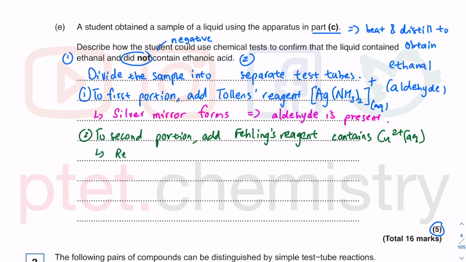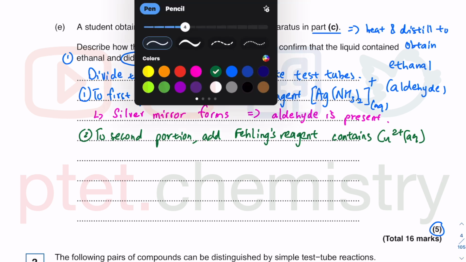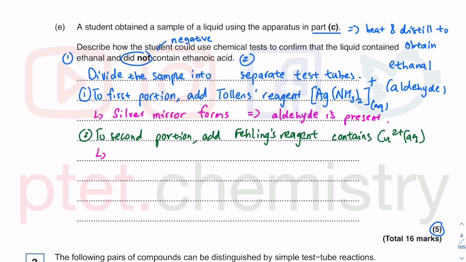And now you will get a red precipitate because it goes from the copper 2+, and it will form this brick red precipitate, which is basically copper(I) oxide, just like your Benedict's solution test in biology. And this actually proves that aldehyde is present.